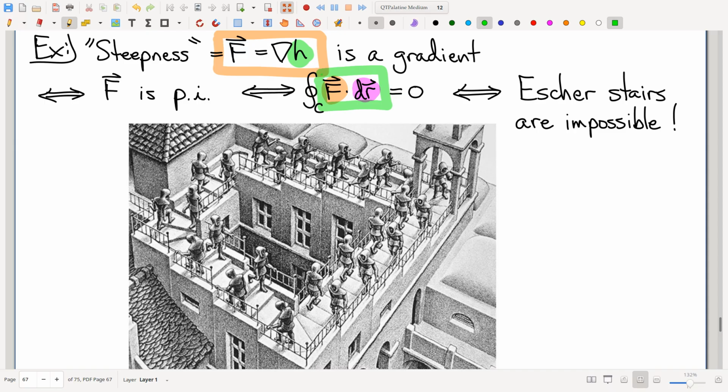So let's think it through then. Well, this is a gradient. If it's a gradient, it's path independent. If it's path independent, as we just saw, that closed line integral has to be 0. Going all the way around, it's got to be 0. Now let's look at what the drawing says.